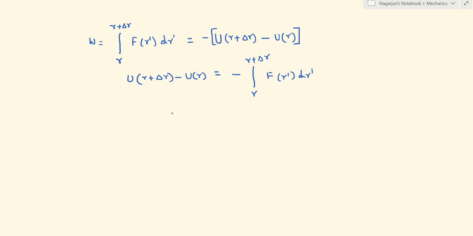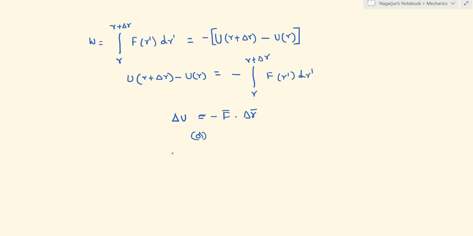Now the left hand side can be expressed as delta U, the change in the potential energy, is equal to the right hand side, if delta r is very small, can be approximated to F bar dot delta r. So now I can express, but do not forget the minus sign here, minus F bar dot delta r bar.